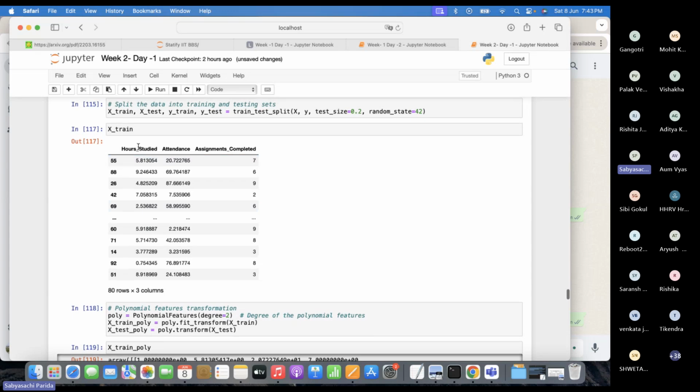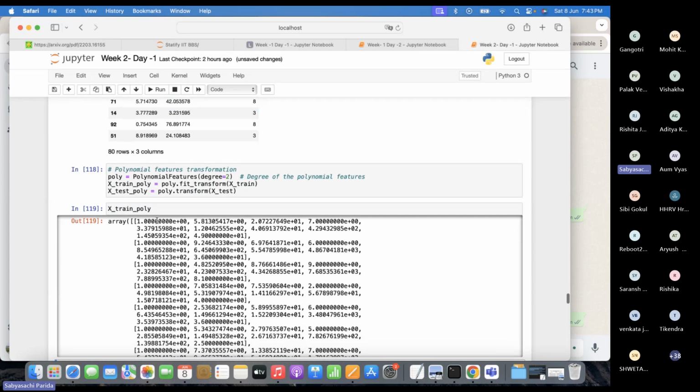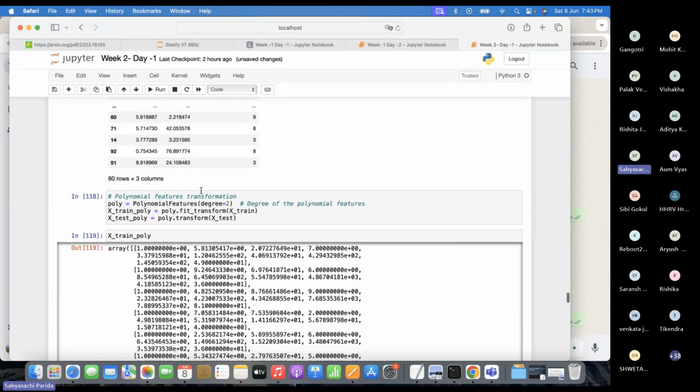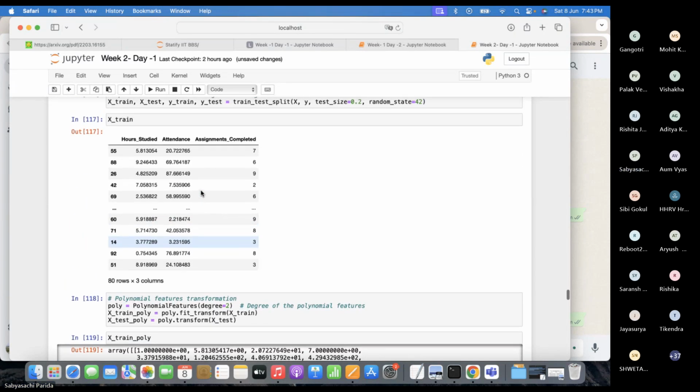Earlier there were how many features? Only 3 features, but here there are 1 2 3 4 5 6 7 8 9 10, 10. The reason is I have made other dependent features also, like hours square, attendance square, assignment square, and also hours studied into attendance, assignment completed into attendance, attendance into hours studied, all those things.